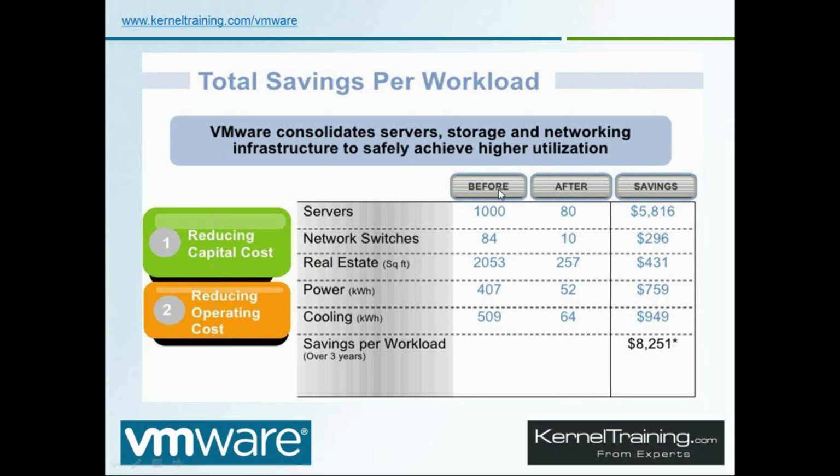Before virtualization, we required 1,000 physical servers. If we move to virtualization, there is no need to spend money on 1,000 physical servers. You can purchase just 80 physical servers. On these 80 physical servers, you can install the VMware hypervisor, that is the ESX or ESXi server.